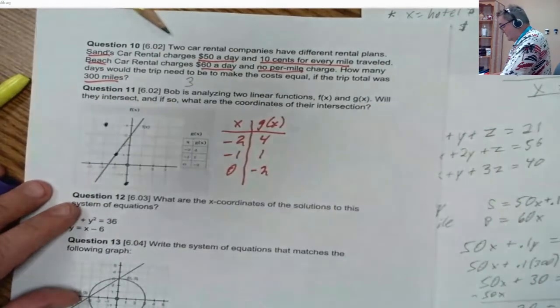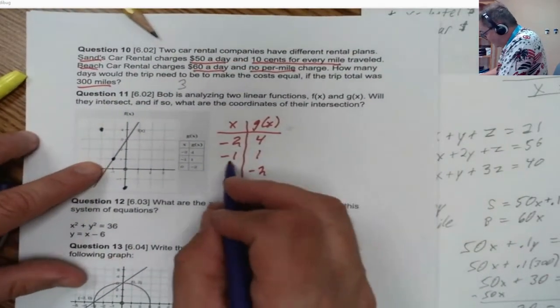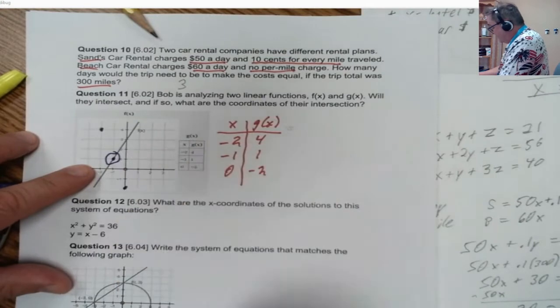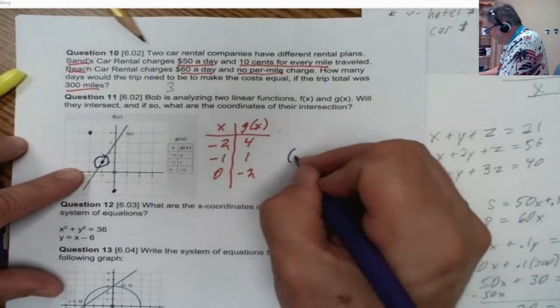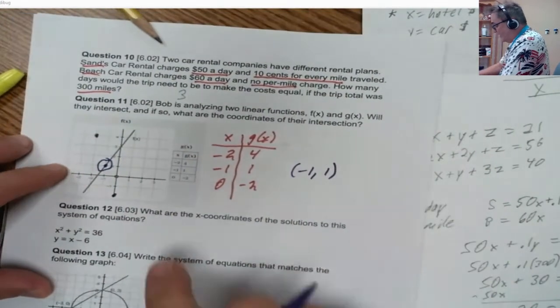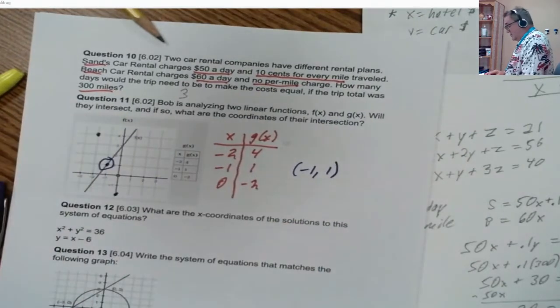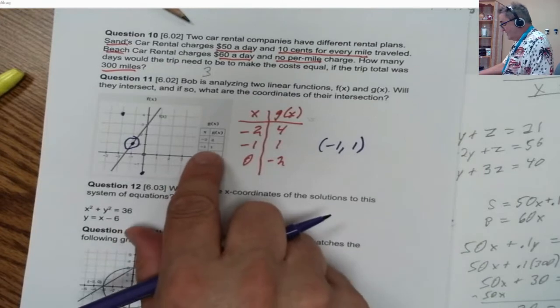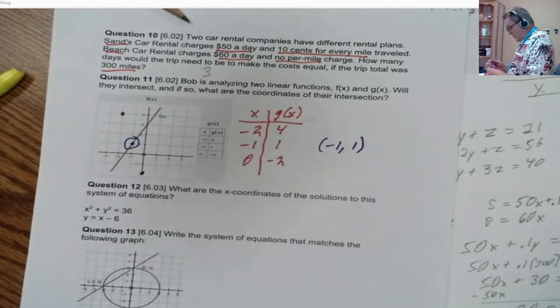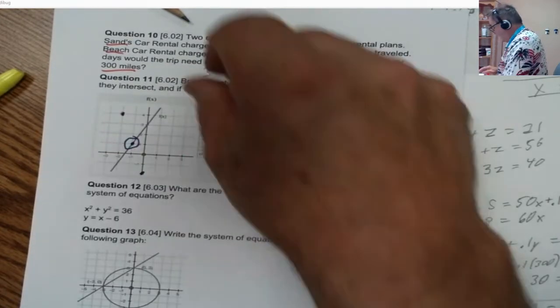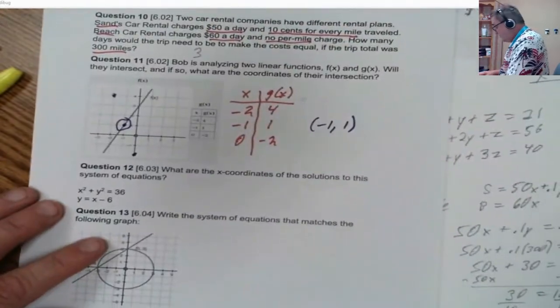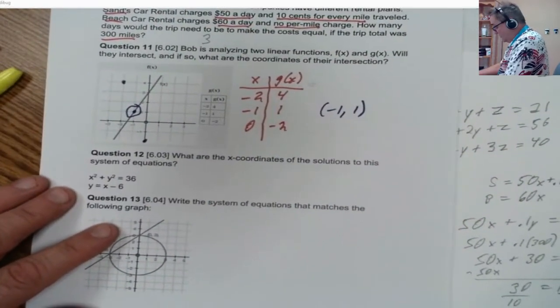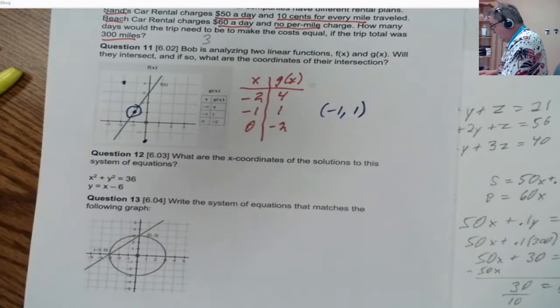We already know where they intersect because this point is actually on that line. So the coordinates of their intersection is at -1, 1. Otherwise, I could draw the line and see where they connect, but it's right there. All we have to do is look at the points, and one of the points is right there on the graph. That one was easy because they were nice to us and gave us a point that was right there.